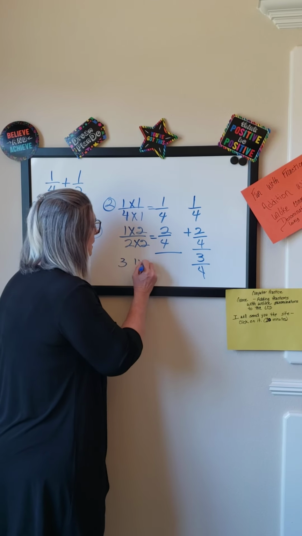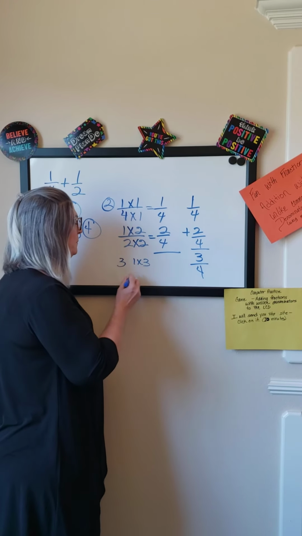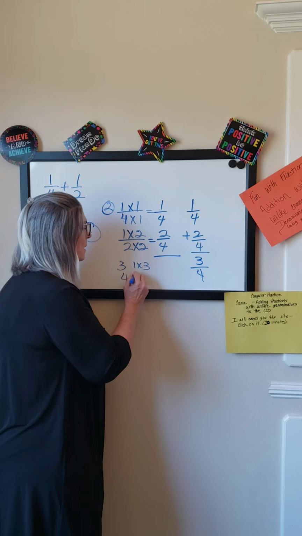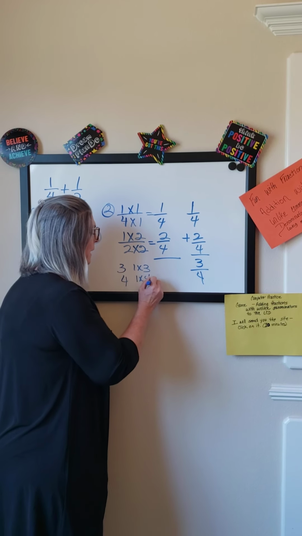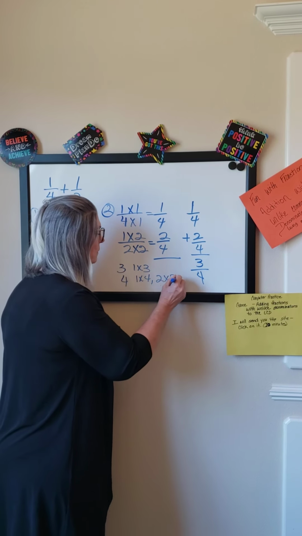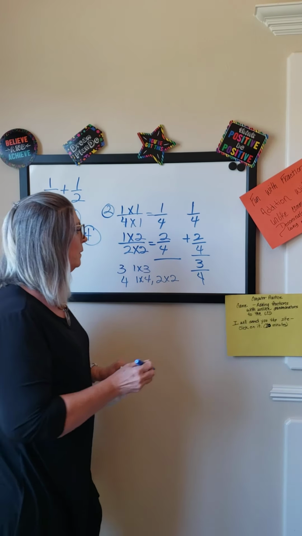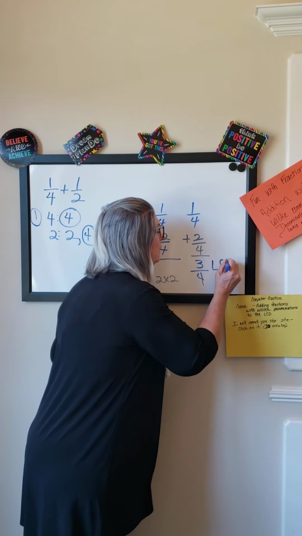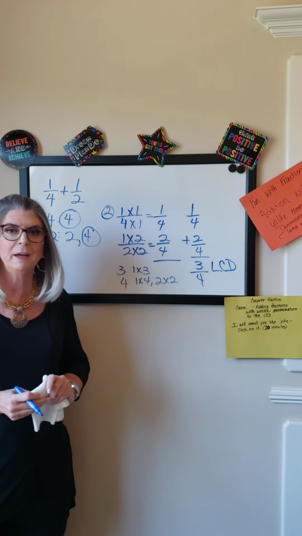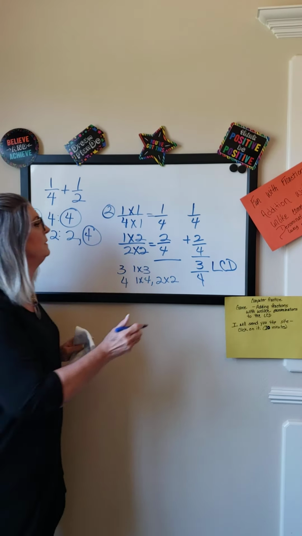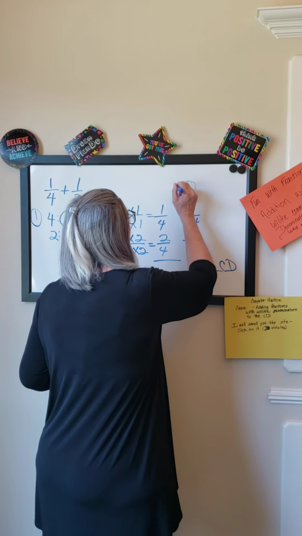On 3, 1 times 3. What do we times to get 4? 1 times 4 and 2 times 2. So, neither one of those would work. This is our least common denominator. Okay? Do you have any questions about these steps? This would be 3.